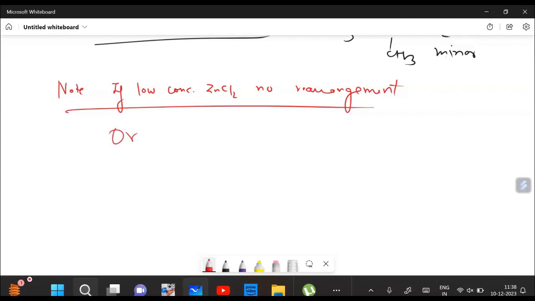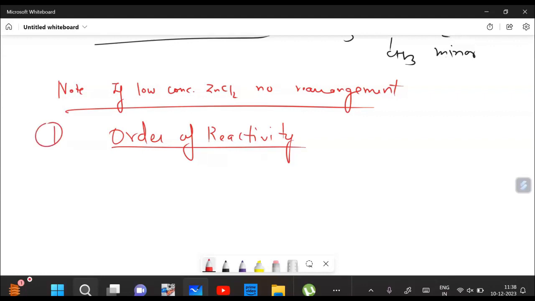Remember, the order of reactivity for this reaction is, in case of HX, HI is the fastest reactive, then HBr, then HCl. So you must remember the order of reactivity.